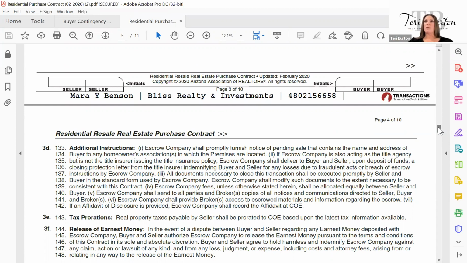Or some of them will say, yes, but only at the back of the property. So it's really important to know those specific details, because they could mean a difference between your buyers paying hundreds of dollars for storage when they planned on not having to do that. Usually when there's an HOA, just because there's an RV gate does not mean there's RV parking. Not at all. Not at all. So, no.